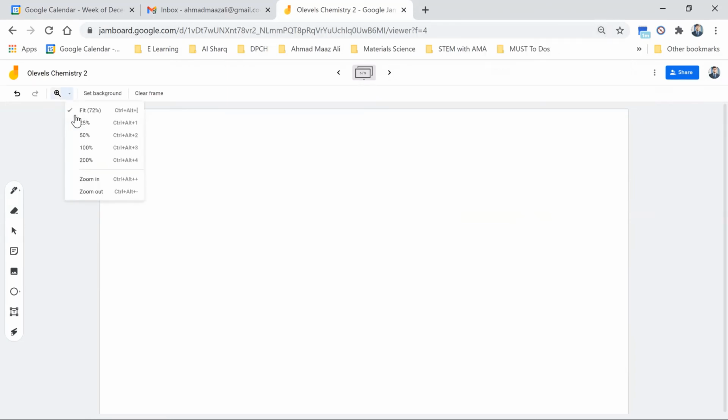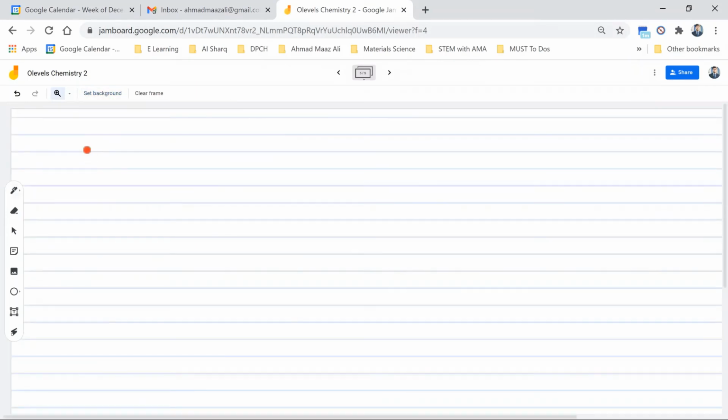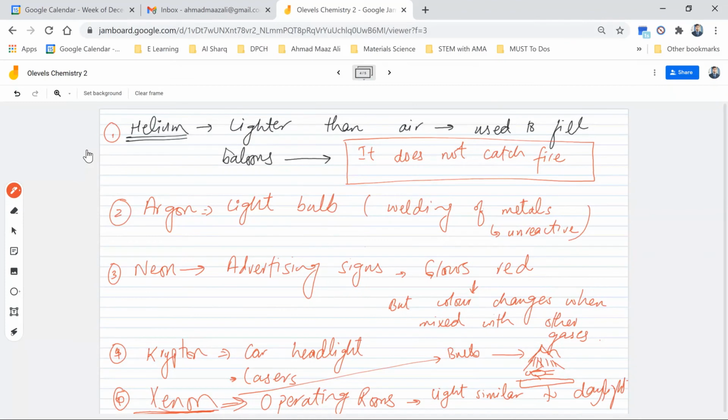So now it's actually a basic thing that we need to study: the trend or the size of these gases as we move down the group. So are there only 5 noble gases? Emma, I told you there is another one, which is radon, that is radioactive.